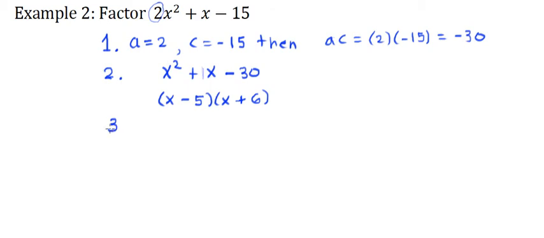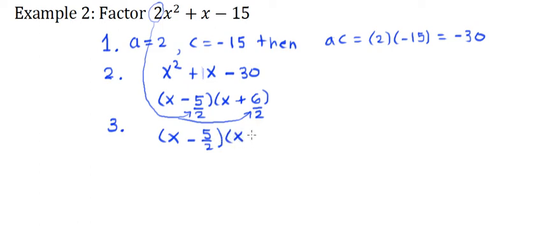Now step 3, last step, we want the factorization of this guy. So it's time to put this number 2 back here. So via division, look, divide this by 2, divide this by 2. Now simplify. 5 divided by 2 in simplified form is 5 over 2. Here x plus 6 divided by 2, 6 divided by 2 is equal to 3.